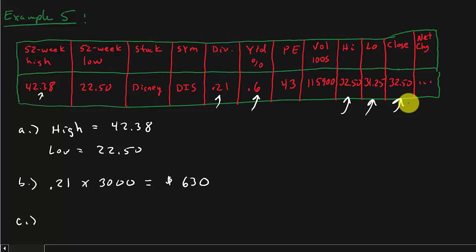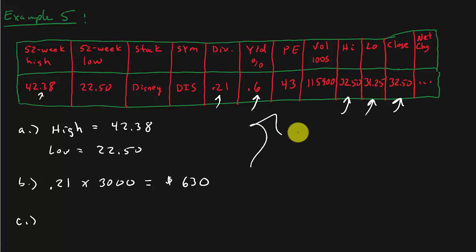That's what the stock is at close, and then the three bars here on net change mean that there was no change in price in Disney stock from the market close 2 days ago to yesterday's market close. Like I said, that's just a quick, rough look at a stock table.